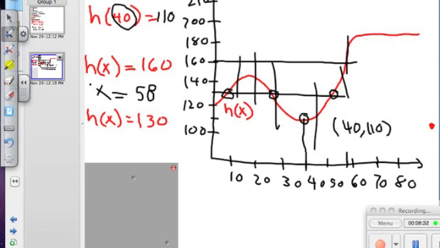Looks like about when x equals 10. And then it also looks like it equals it at about 26-ish. And finally, you can see that it equals it at about 54. All right.